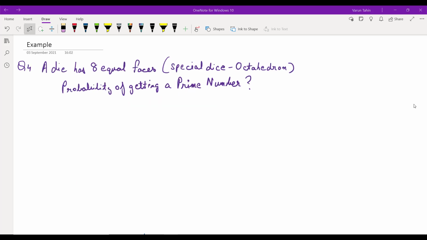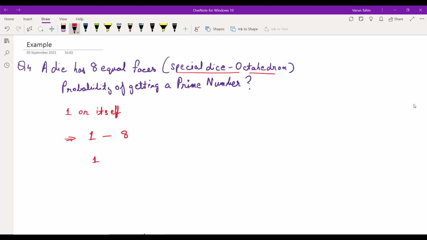Now we have another question which says a die has 8 equal faces. So we are considering a special dice which is an octahedron, and we have to calculate the probability of getting a prime number. So guys, you can recall from your basic mathematical concepts that a prime number is a number which is completely divisible by either 1 or itself and not by any other number. Okay, so we have to find the numbers between 1 and 8, because we are considering an octahedron dice here.